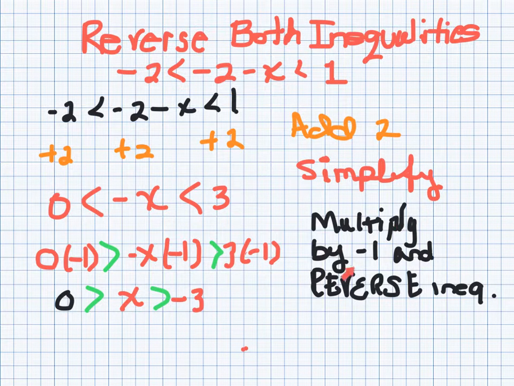Now we have to multiply by negative 1 and reverse the inequalities. So I put the inequalities in green. I have reversed them, and then I multiplied in parentheses by negative 1 in all three sections. I end up with 0, since multiplying by negative 1 is 0. Negative x times negative 1 is going to be a positive x, and 3 times negative 1 is negative 3.